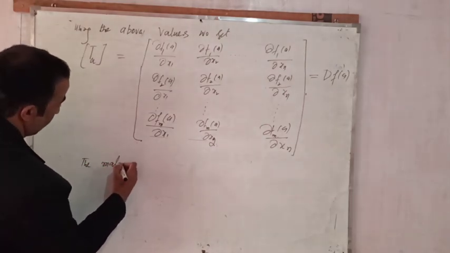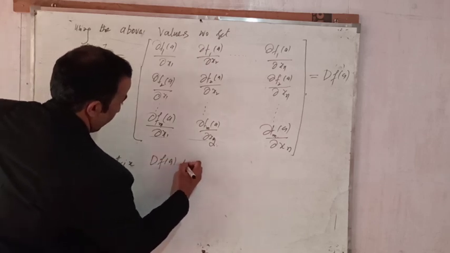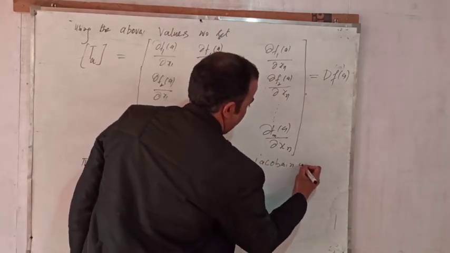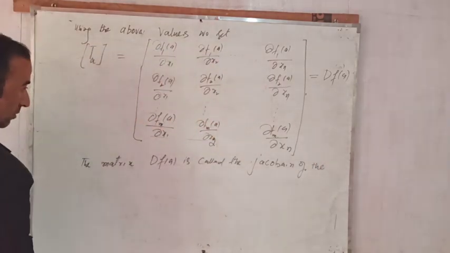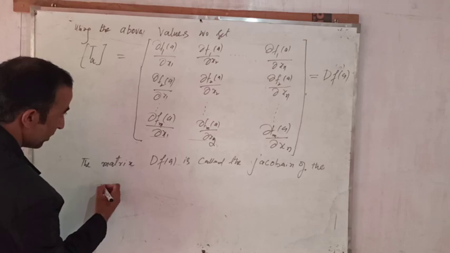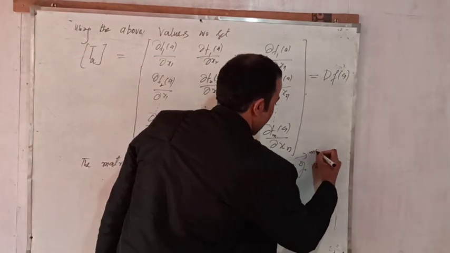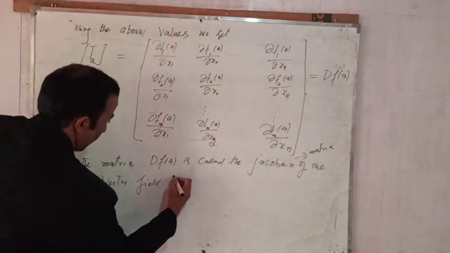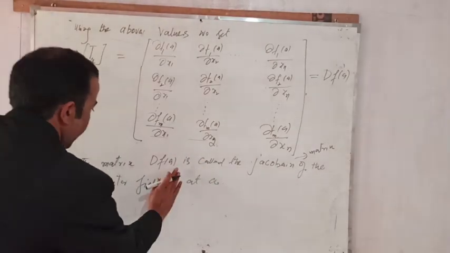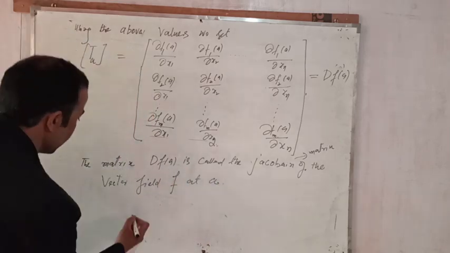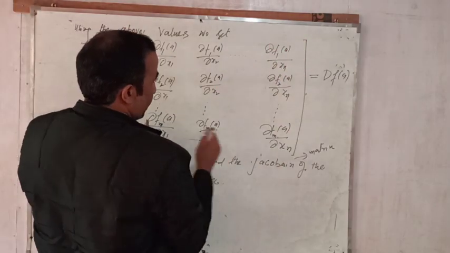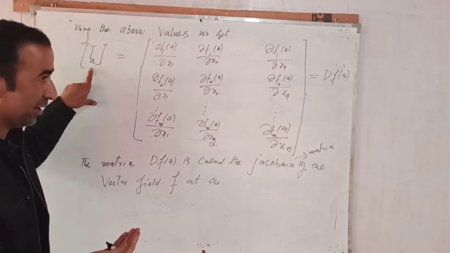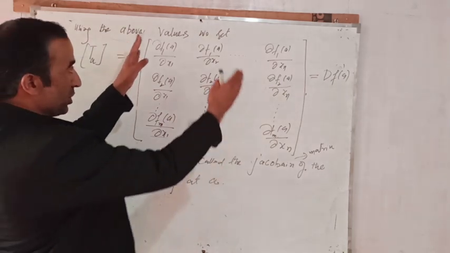The matrix dF at A is called the Jacobian matrix of the vector field F at A. Now this is a matrix representation of the total derivative T. The total derivative being a linear map, the action of TA at y must be the same as the action of this matrix at y.